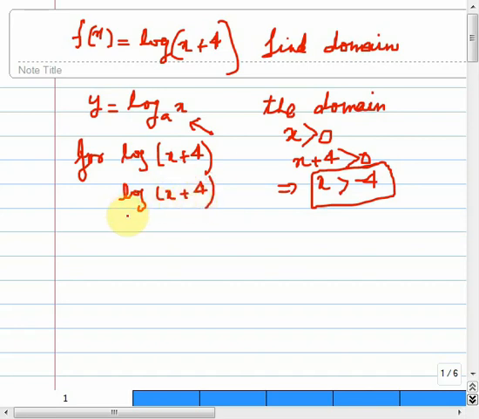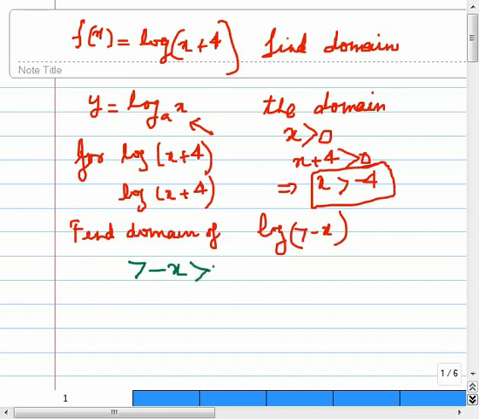Similarly, we want to find out the domain of log(7 minus x). Now our domain should be something like this: 7 minus x greater than 0.